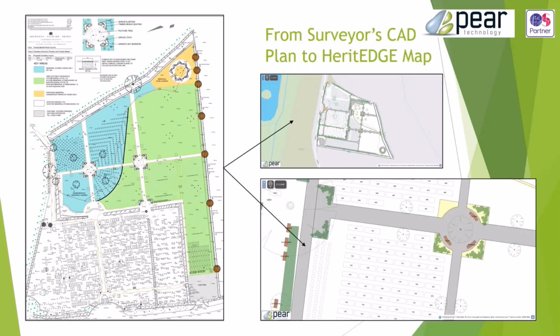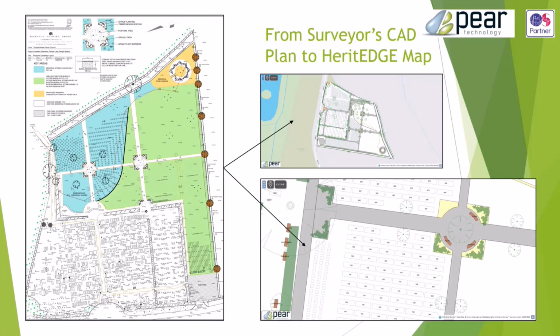So moving on to the next example, this is where we've taken some CAD data. A surveyor has been out to this site and carried out a topographic survey. Our mapping software allows us to take data from a number of sources, CAD being one of those.